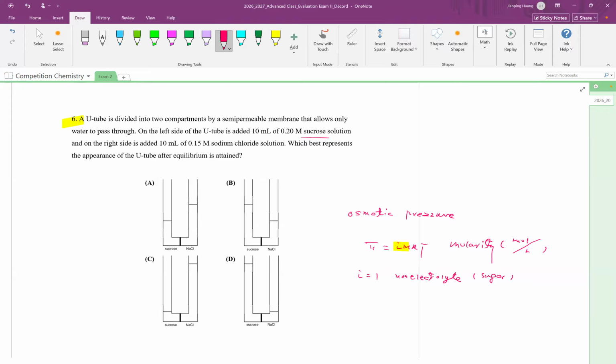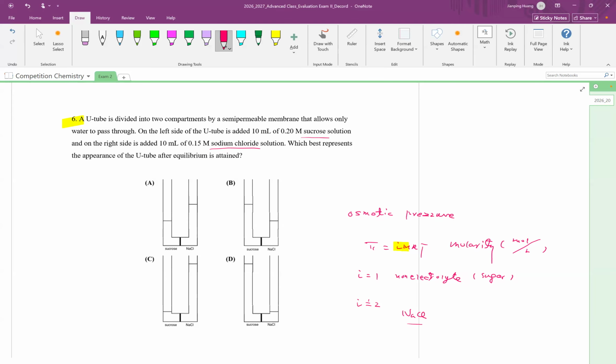Now, for the next one, we see here that is sodium chloride. For sodium chloride, the i should be close to 2. Close to 2, not 2, less than 2. That one should be less than 2.